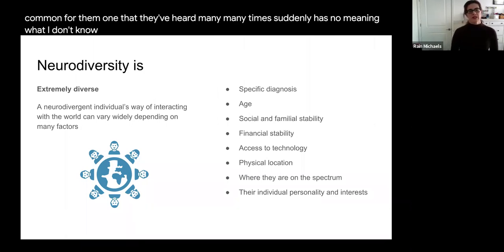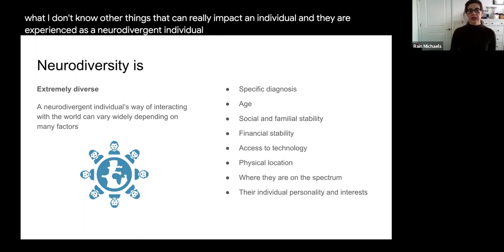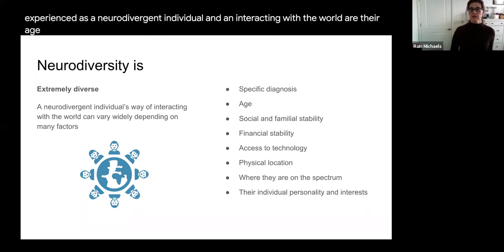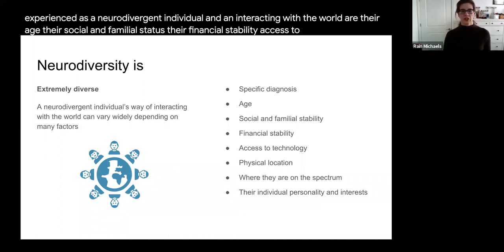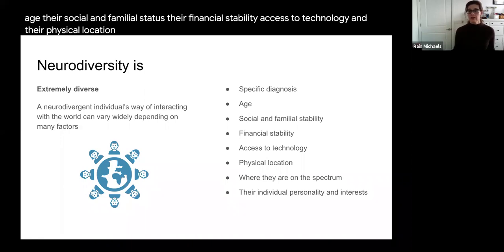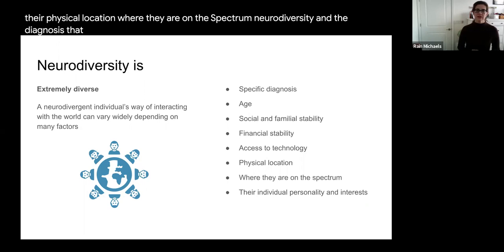Other things that can really impact an individual and their experience as a neurodivergent individual and in interacting with the world are their age, their social and familial status, their financial stability, access to technology and their physical location, where they are on the spectrum. Neurodiversity and the diagnoses that fall within this come on a very broad spectrum.